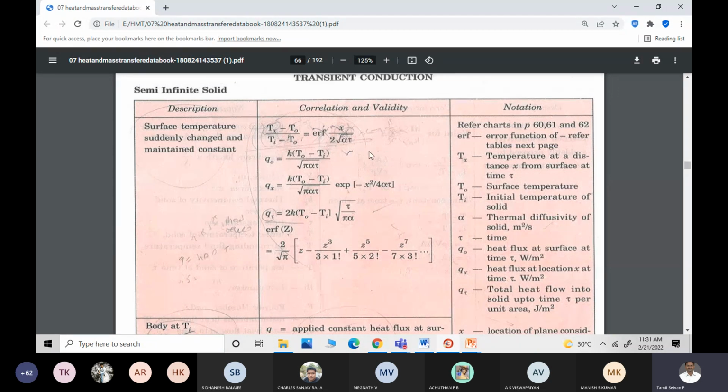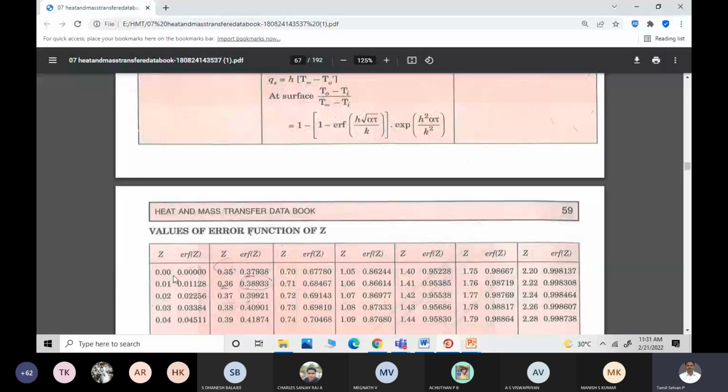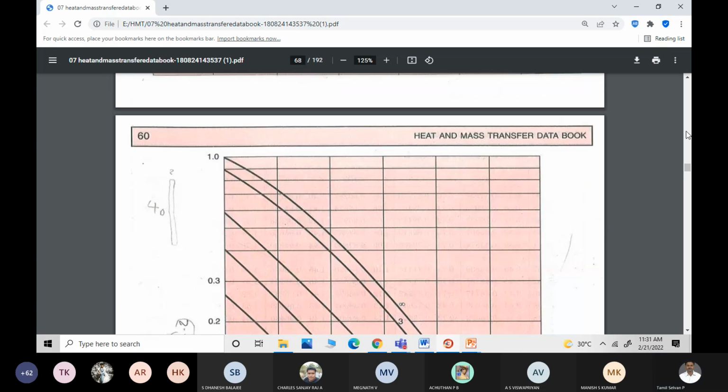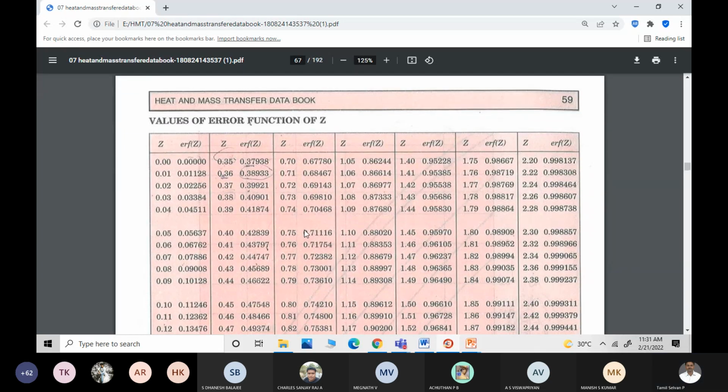So now, error function of Z. Suppose the value x divided by 2 root of alpha t comes as 0.12, meaning error function of Z is 0.12.